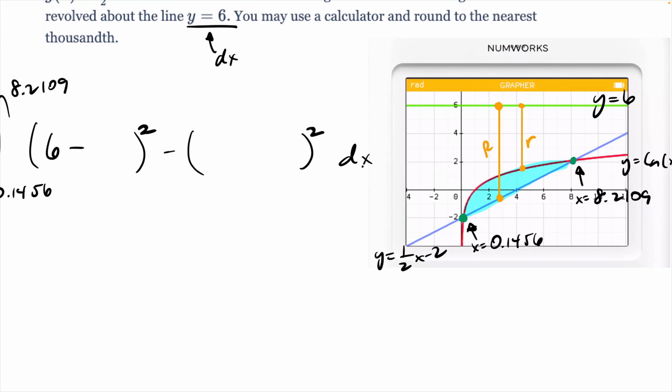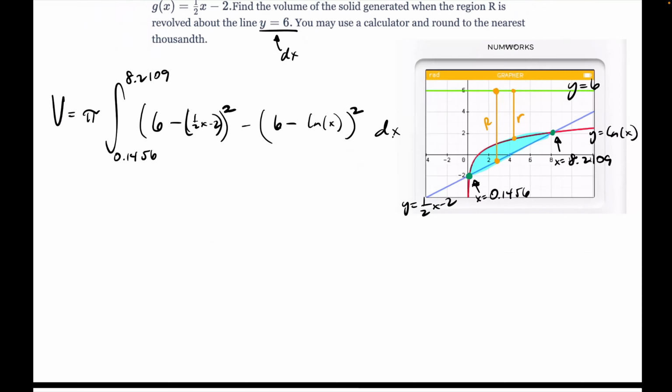Okay. So we got 6 minus the blue, which is 1/2 x minus 2, right? And then little r is 6 minus the red, which is the natural log of x. Okay.